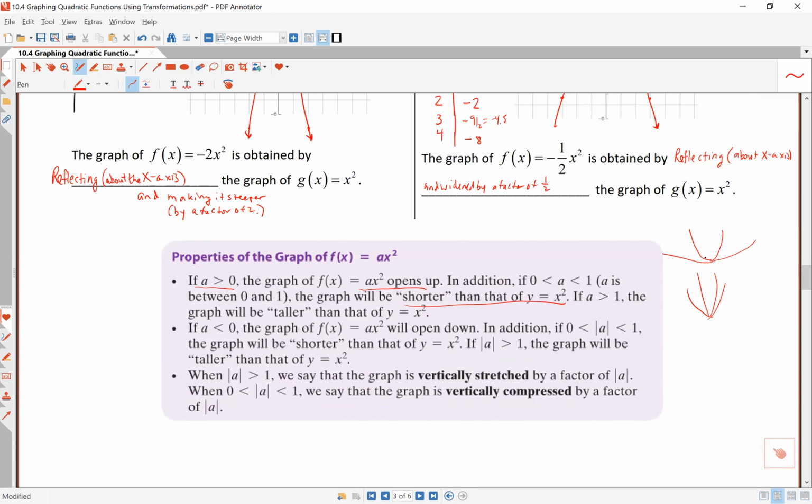When a is less than 0, the graph will open down with the same restrictions. When a is a fraction, it'll be shorter or wider. When a is bigger than 1, then the graph will be taller than that of y equals x squared.